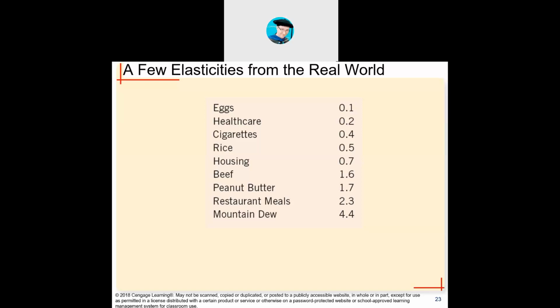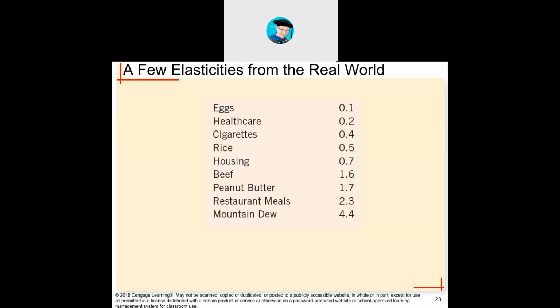There is some sensitivity to it at 0.7, but it's still inelastic because you need housing. Everyone does. Beef, 1.6. You can substitute beef for poultry. So that's why the elasticity is above 1. It's elastic. Elastic above 1, inelastic below 1.